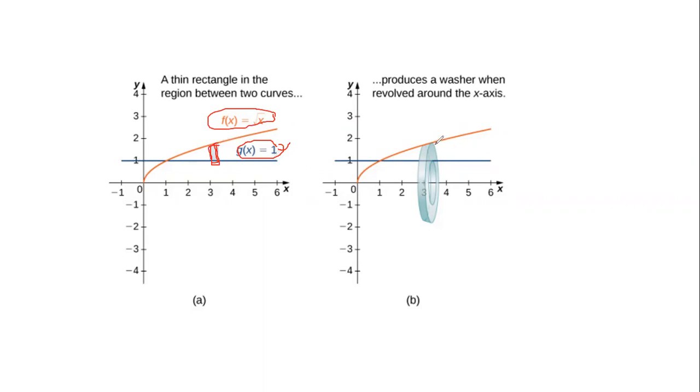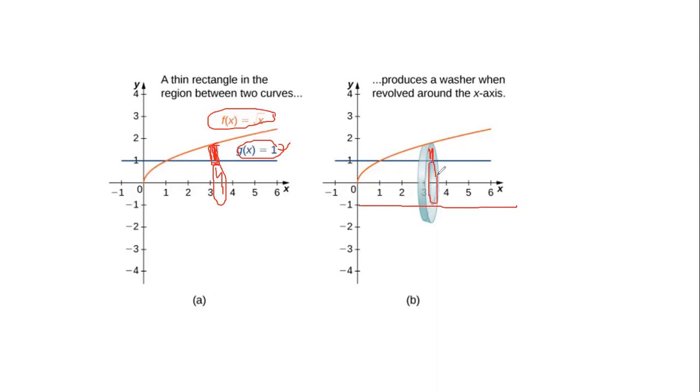It will be solid in this region and a cavity up to 1, because there is no region in this area. The axis of revolution is there, and there's a hole between them, so it is known as a washer.